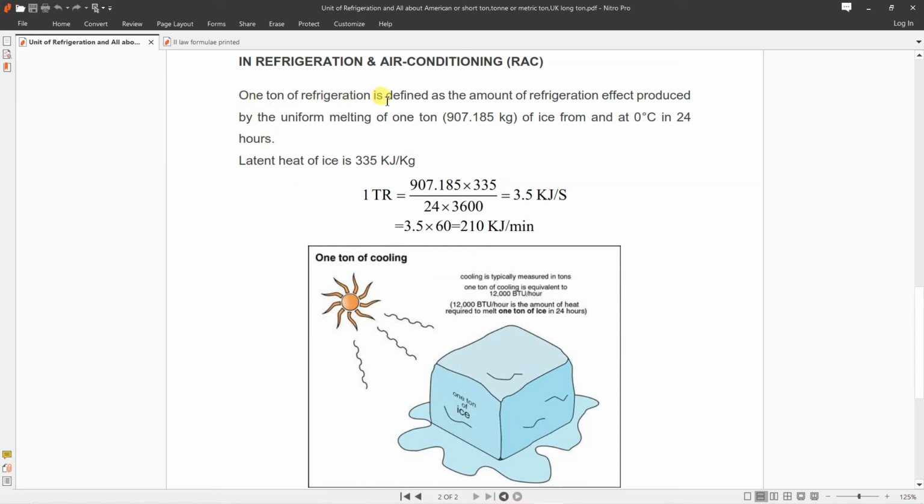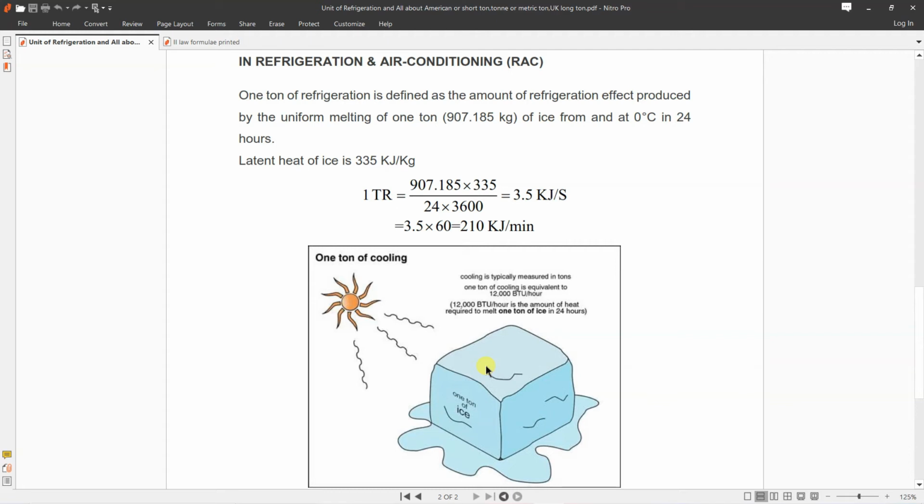1 ton of refrigeration is defined as the amount of refrigeration effect produced by uniform melting of 1 ton of ice. Suppose this ice is kept in a box. Since the surrounding is at a higher temperature, what will happen?